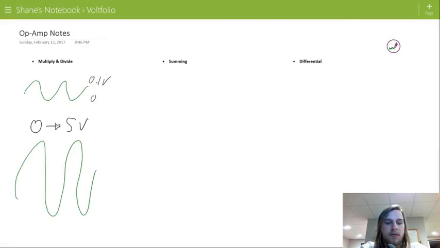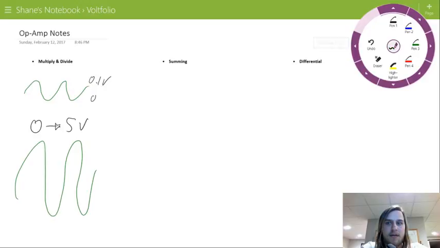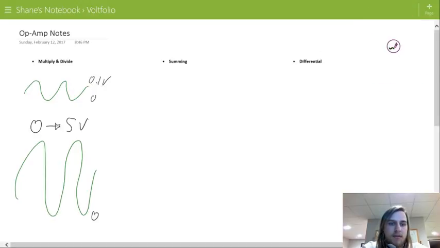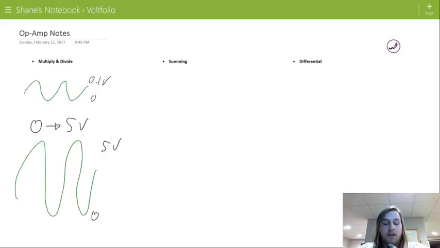Excuse my crude sketch, but the important thing is the amplitude will now be from 0 to 5 volts.